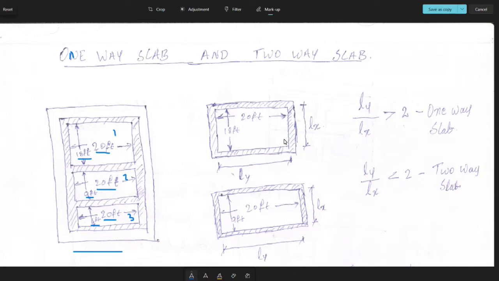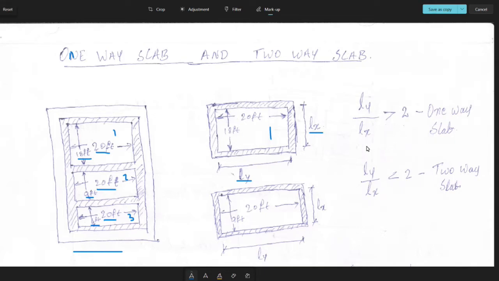Wherever we have the longer length, I'm going to denote it as ly, and the shorter length as lx. You need to keep this in mind.